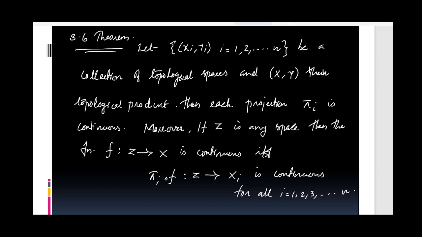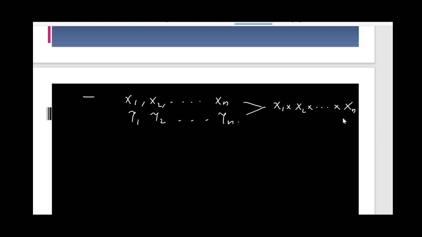So first, let us examine the first part of the theorem. It says we have X1, X2, etc., Xn topological spaces with topologies tau 1, tau 2, etc., tau n. Now we go for the product, X1 cross X2 cross etc. cross Xn.